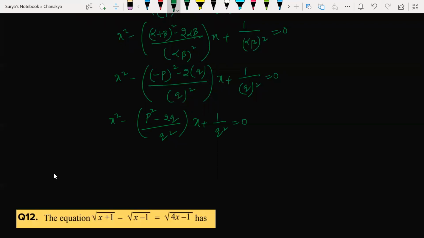Yes, sir. So how can I write further? What is my LCM here? q square is my LCM. So let us cross multiply. q square into x square minus (p square minus 2q) x plus 1 is equal to 0.